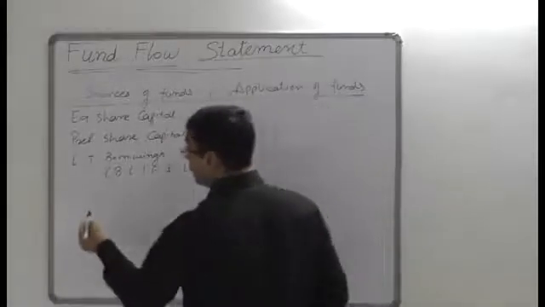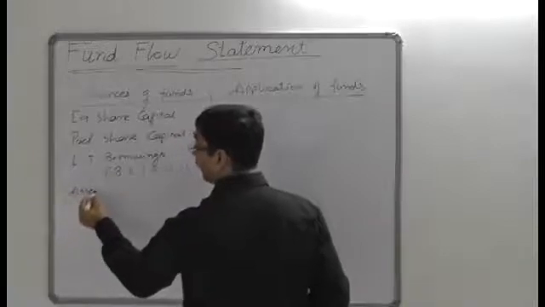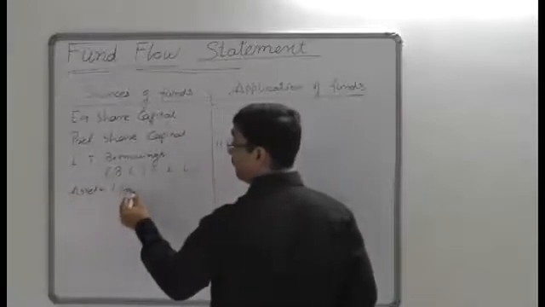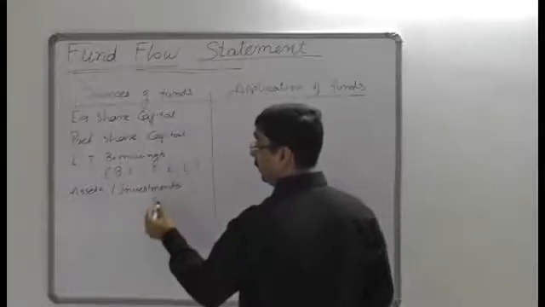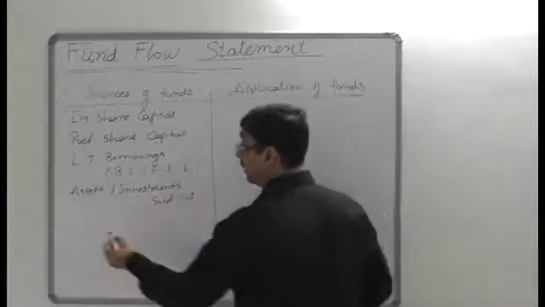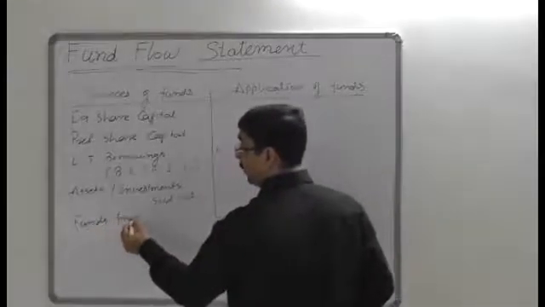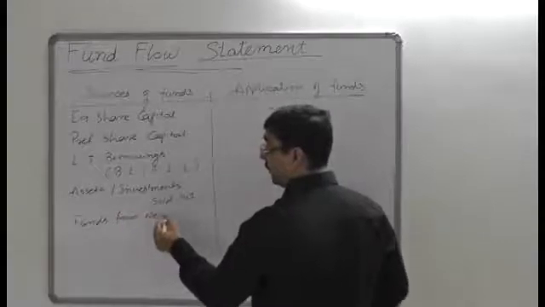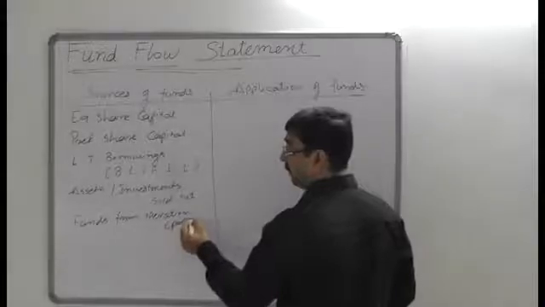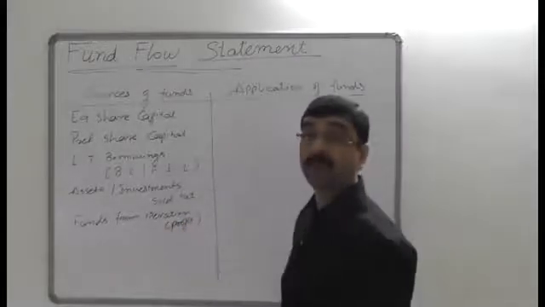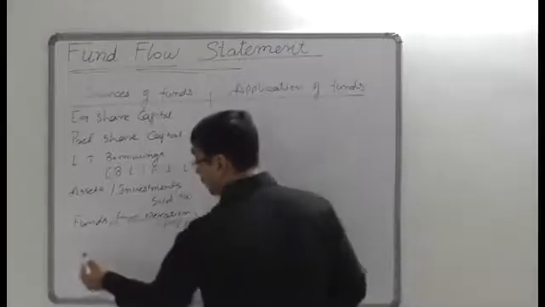In case any assets and investments are sold out during the year, then the funds from operations, that means any amount of profit from the profit and loss account. So any profit also would be recorded here in the fund flow statement.